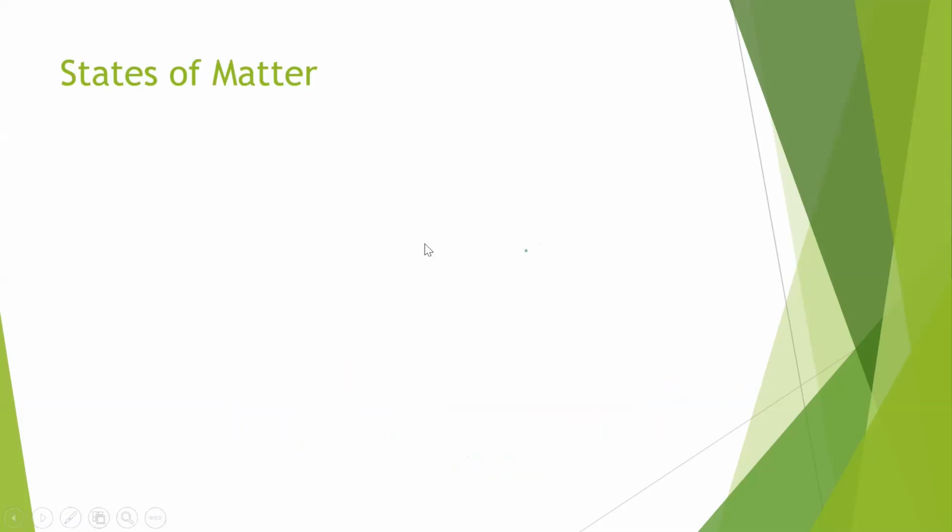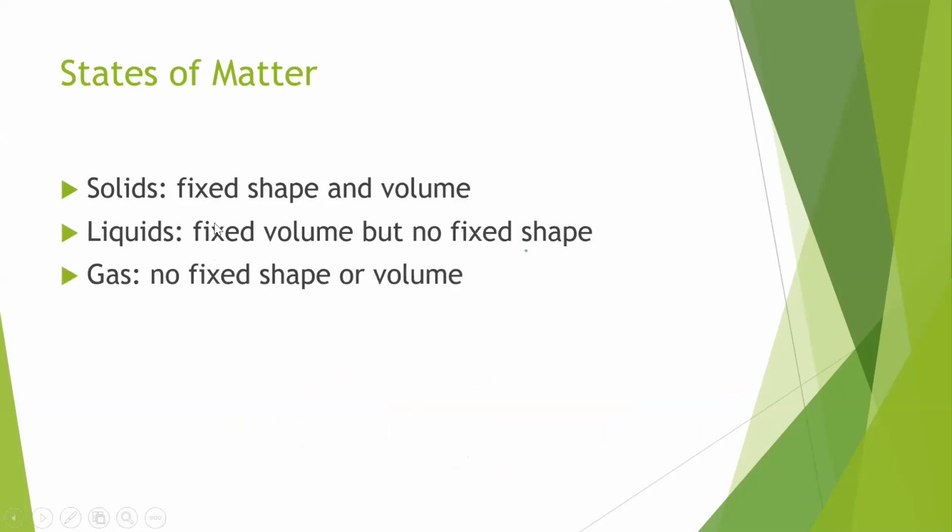Okay, so now we're going to learn what the states of matter are. There are 3 main states of matter in chemistry. I know that in physics, sometimes they consider plasma as an additional state, but the 3 states of matter are solids, liquids, and gases.